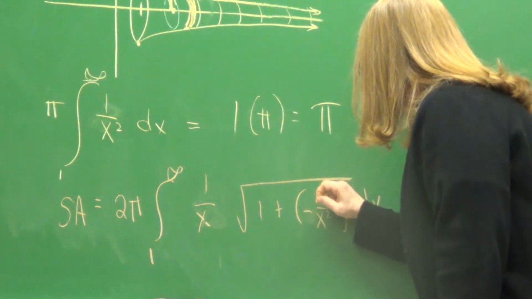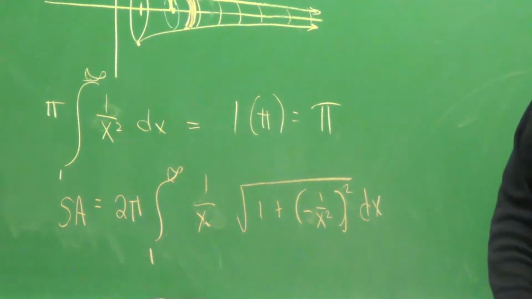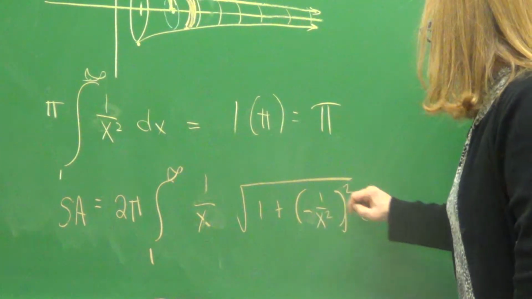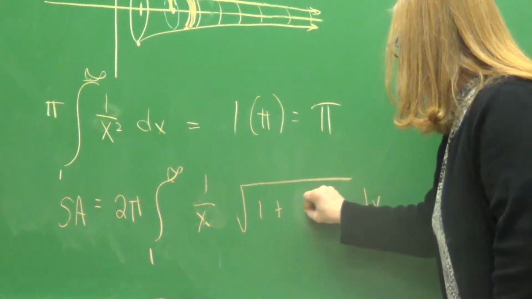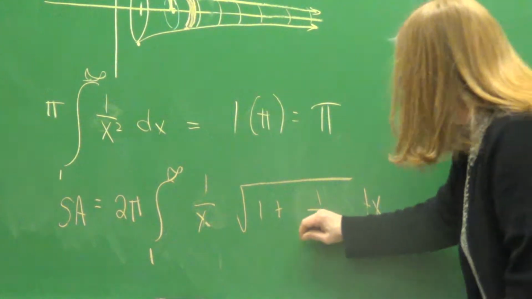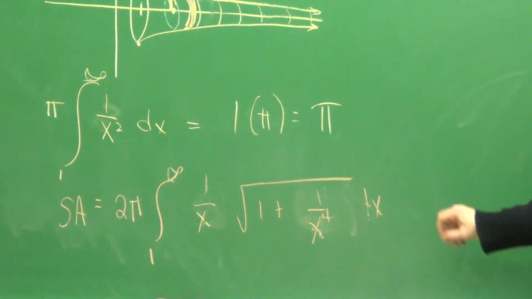That seems to be popping up a lot lately. So that is going to be squared. When we square that, what does that become? 1 over x to the 4th. Right, so positive. Now we have 1 plus 1 over x to the 4th.